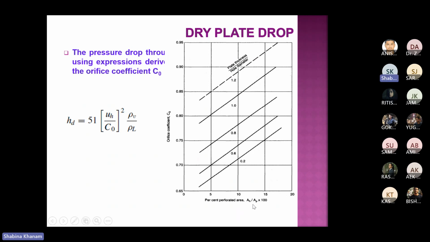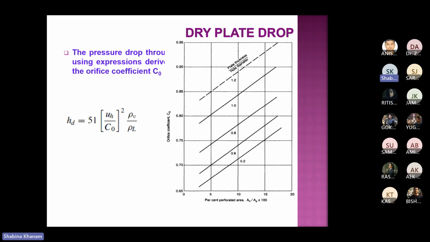This is nothing but AH by AP, AH is the hole area divided by AP. It shows how much area of the perforation section is dedicated to hole area.